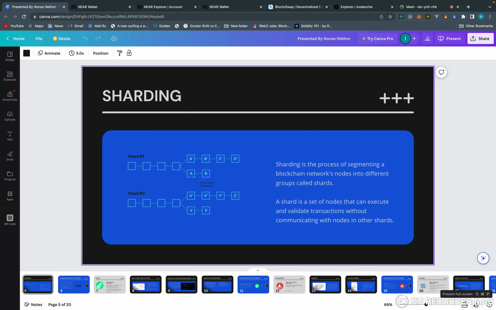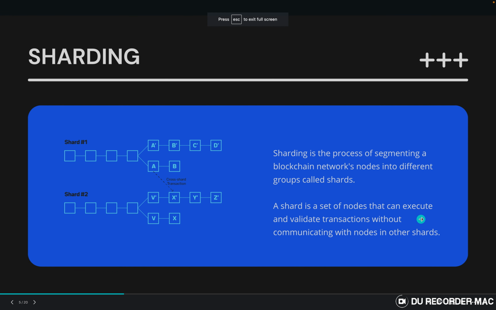Okay, so that's what I was saying. There are different security compromises that you make with sharding. There is this issue of fork choice, because all the shards still have to agree on the main block that they will be adding their own transactions to.